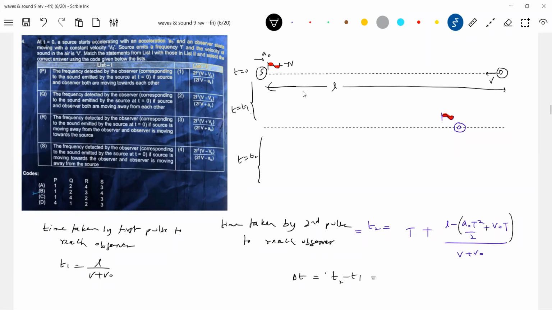V naught T also gets cancelled. Final equation: one VT will be there, V naught T gets cancelled, L by V naught also gets cancelled. So VT minus a naught T squared by 2, over V plus V naught. Check it. The reciprocal of this time is what? The frequency detected.